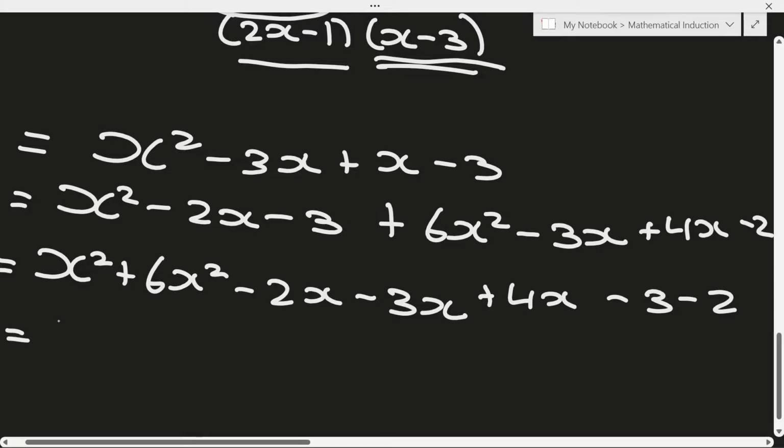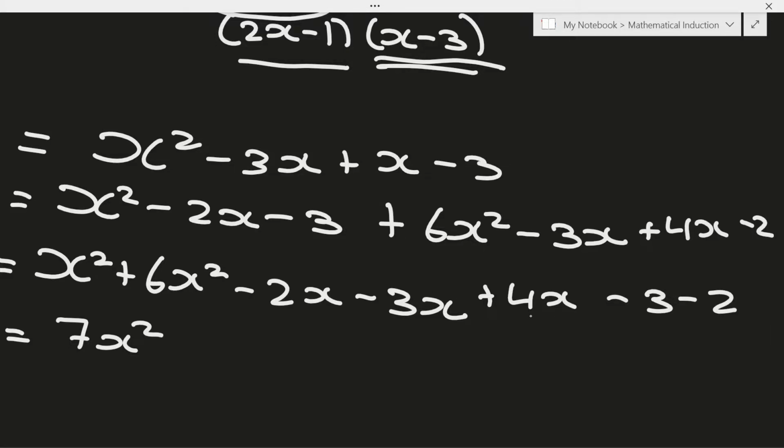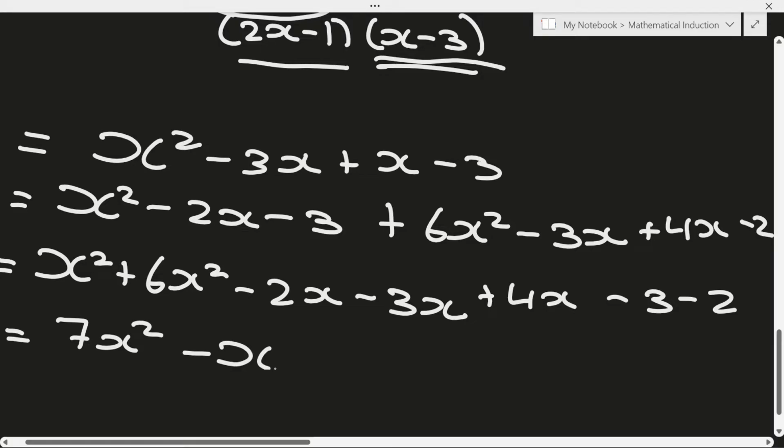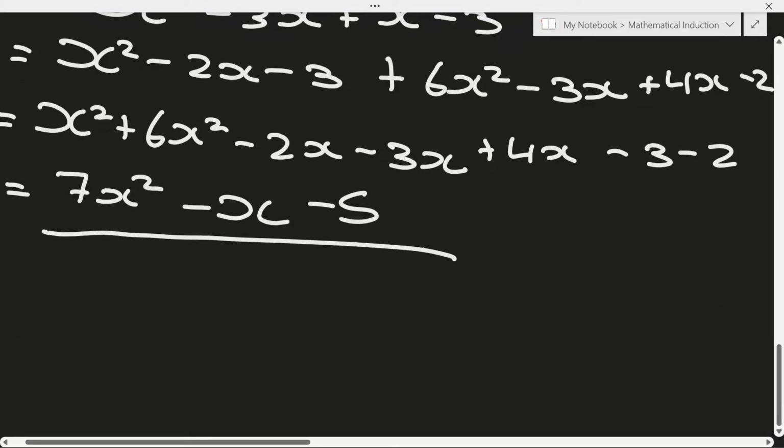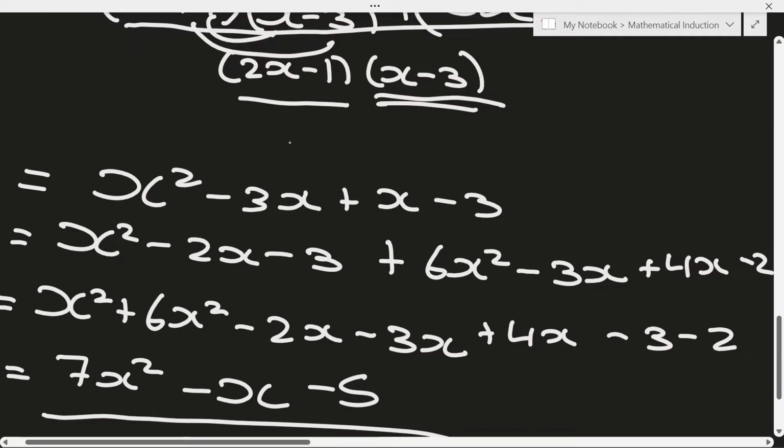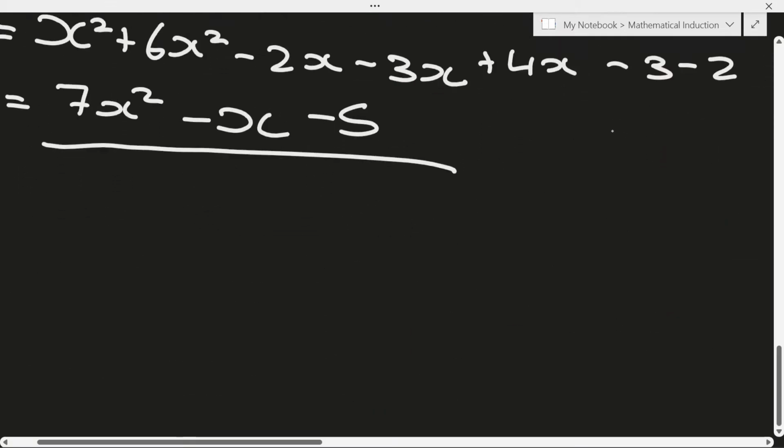This will be equal to 7x squared, and minus 2x minus 3x plus 4x is equal to minus 1x, which is the same thing as saying minus x. And then minus 3 minus 2 is minus 5. And all of this will still be over the same first two denominators, which are 2x minus 1 and x minus 3.